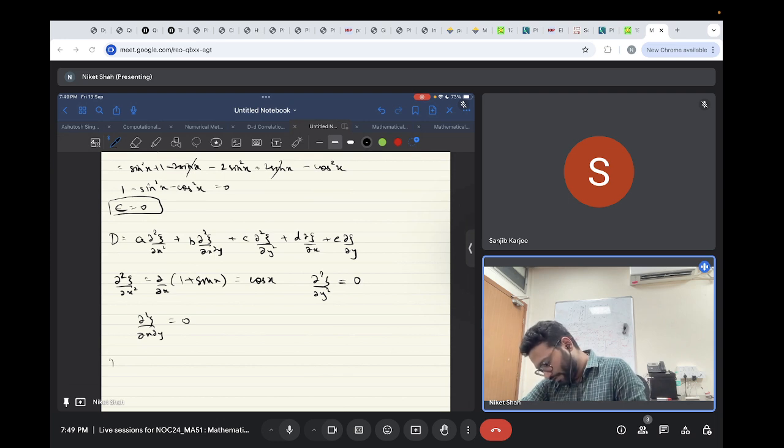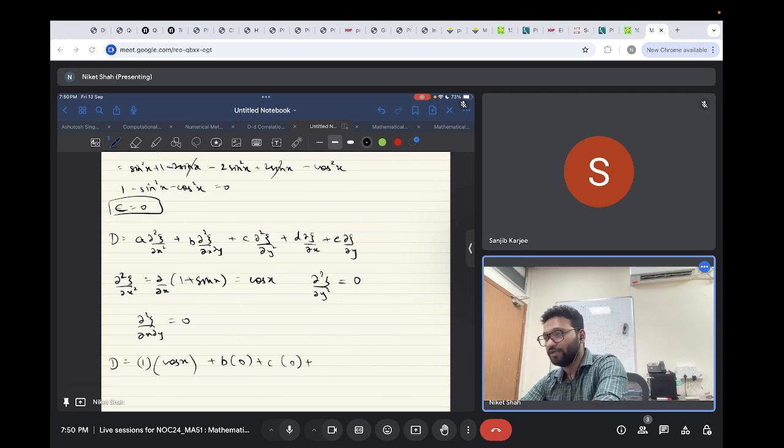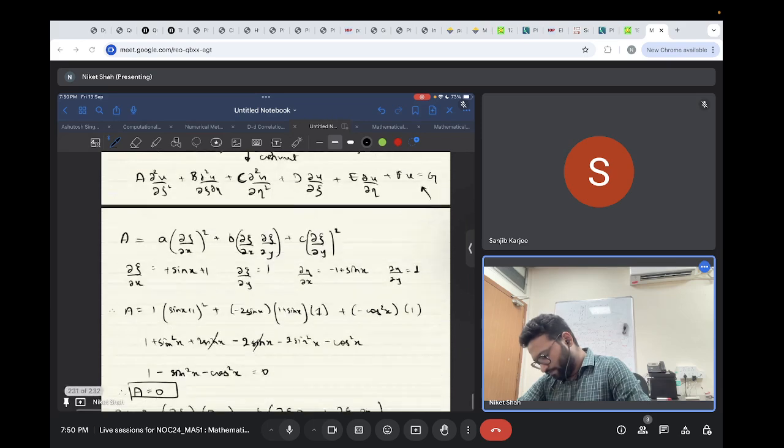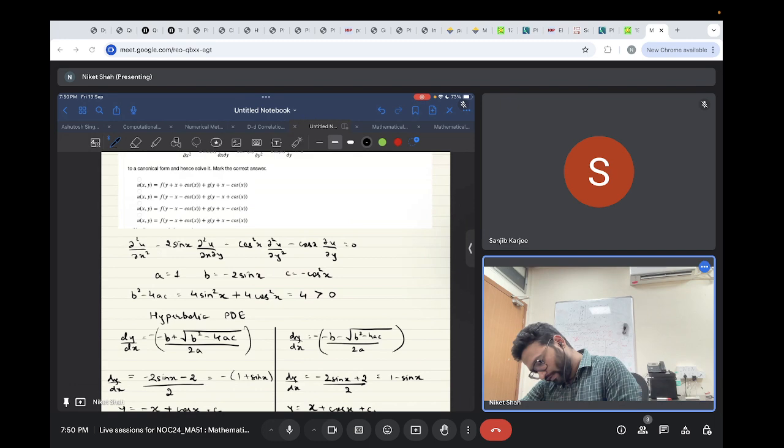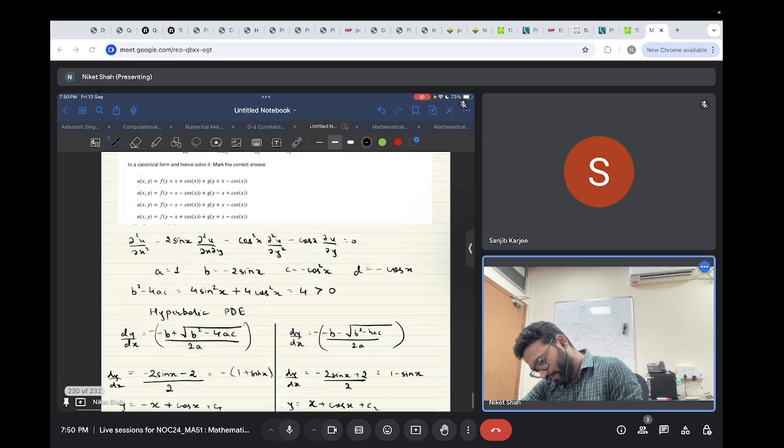All right, so let's evaluate capital D. Capital D is a, which is 1, into del square psi by del x square, which is cos x, plus b into 0 plus c into 0 plus d and e. Sorry, e is minus cos x, because it's del u by del y.